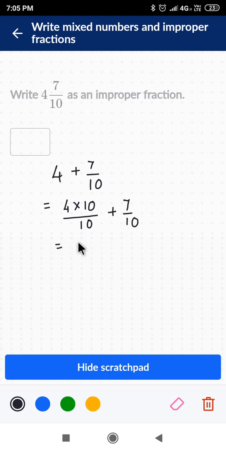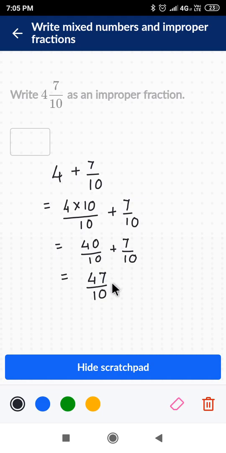So you have 40 pieces of size 1 by 10 plus 7 pieces of size 1 by 10. Therefore, you have 47 pieces of size 1 by 10.